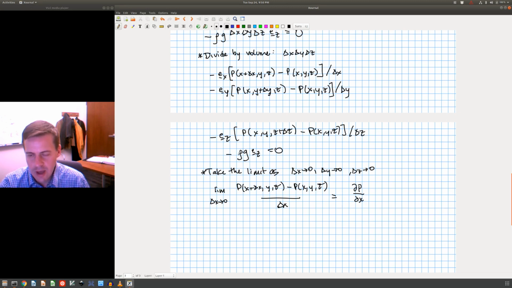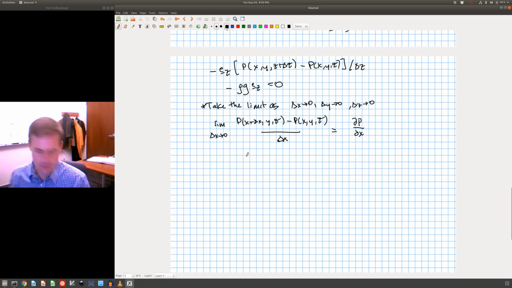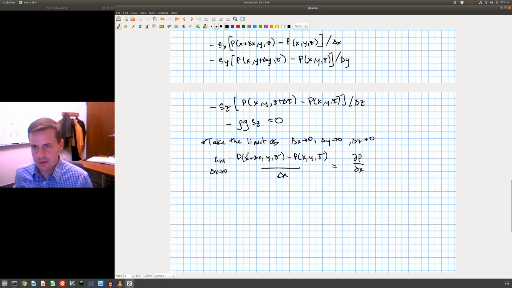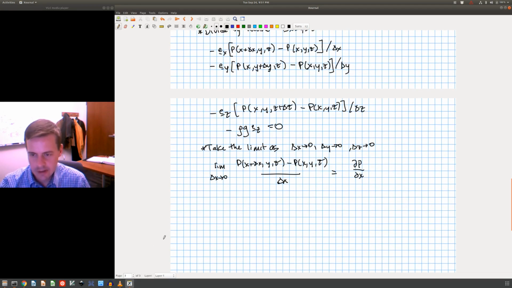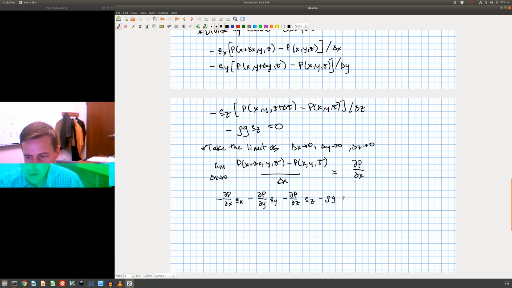Nothing happens here; all the deltas went away, so that will just stay. So now let me rewrite. I'm going to leave that in the frame so we can see. So I get minus dp/dx e_x minus dp/dy e_y minus dp/dz e_z minus ρg e_z equals 0.